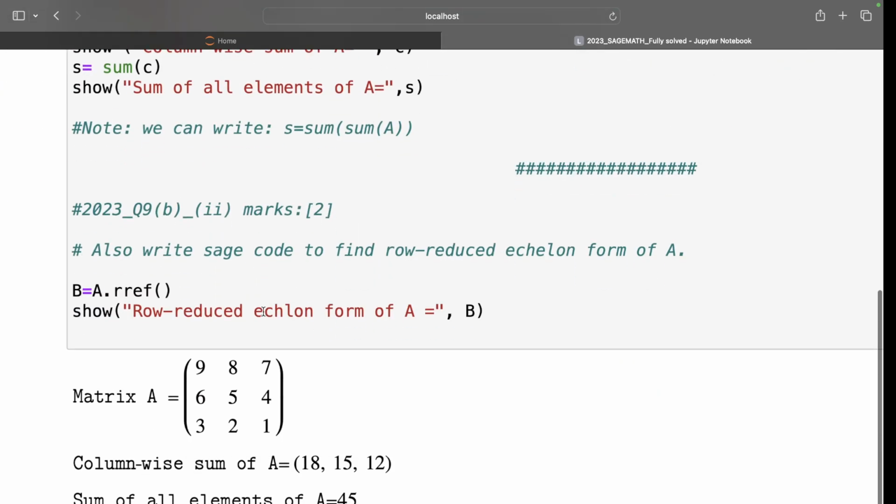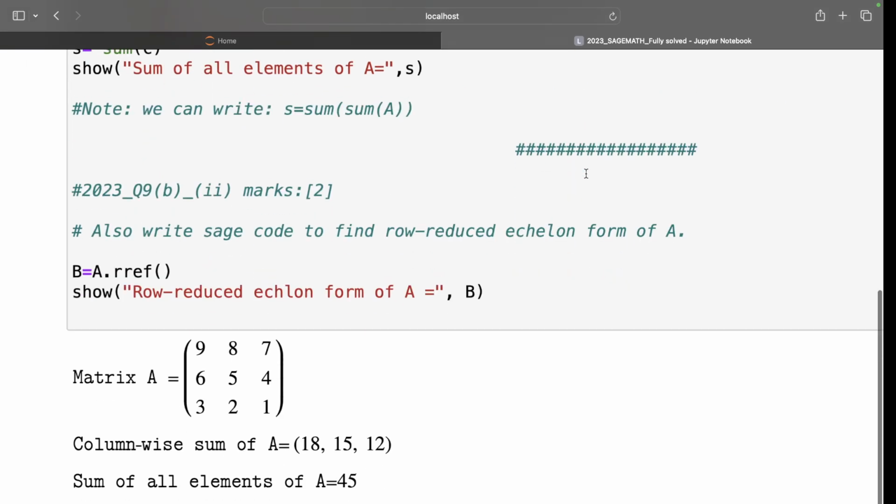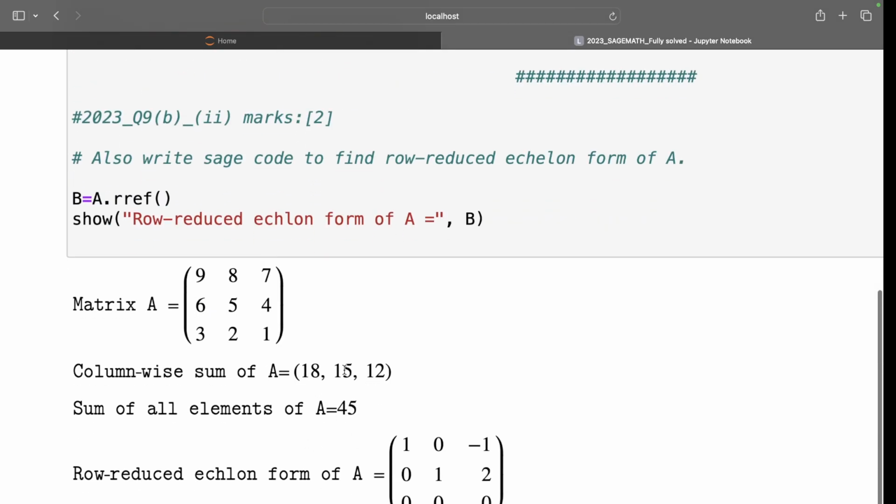So the matrix is this. Now C is the sum of A. Sum is the inbuilt function. The sum of A gives the column-wise sums. So if we put sum of A as C, we get 18, 15, 12.